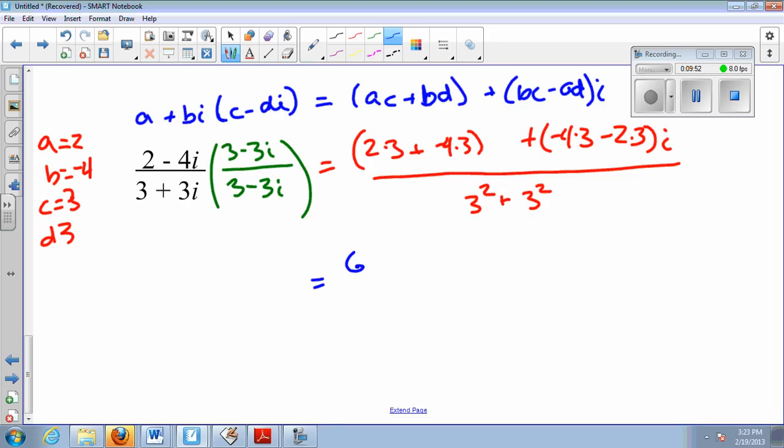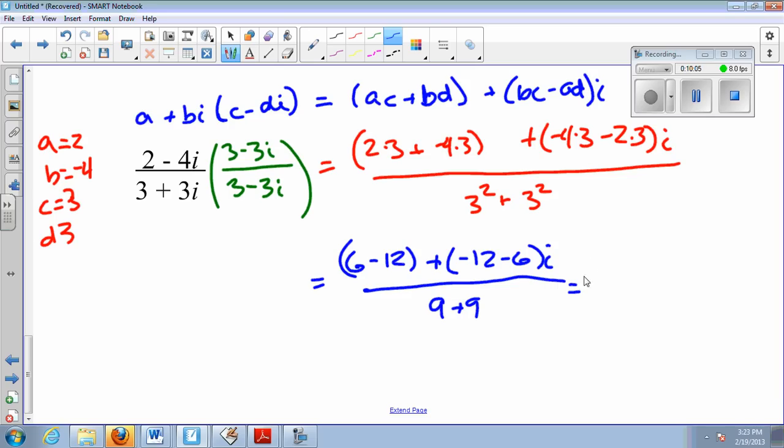Simplify. 6 minus 12 plus negative 12 minus 6i over 9 plus 9. We get negative 6 minus 18i over 18. We can reduce all terms by 6 to get negative 1 minus 3i over 3.